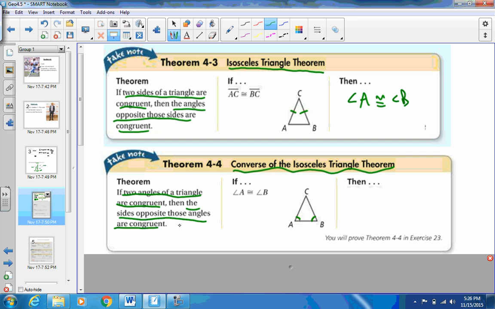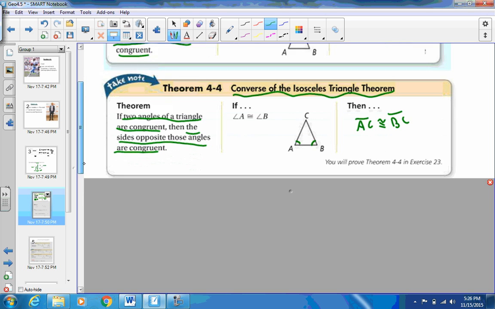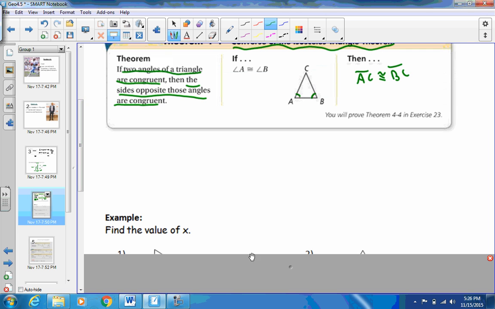So in this example, if angle A is congruent to angle B, then segment AC is congruent to segment BC. All right, let's use those two theorems here. So, first of all, whoops.